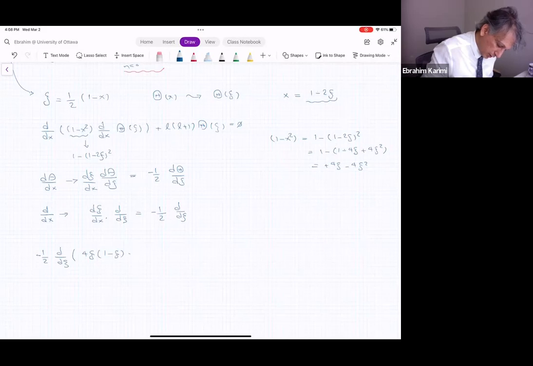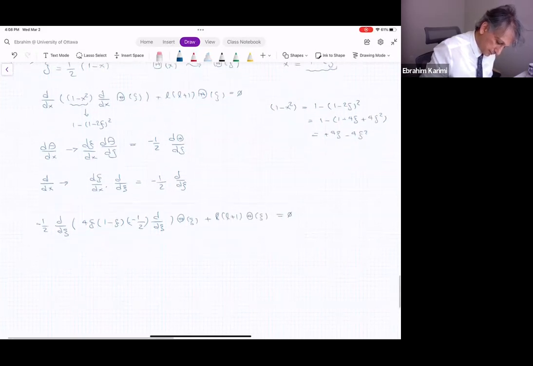Then I have 1/2 with a negative sign from the derivative, d zeta of theta, plus L times (L plus 1) theta of zeta equal to 0.